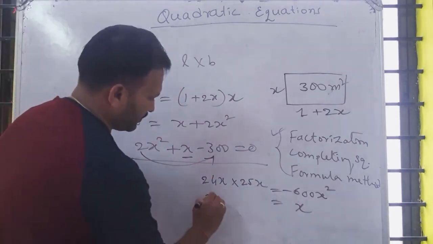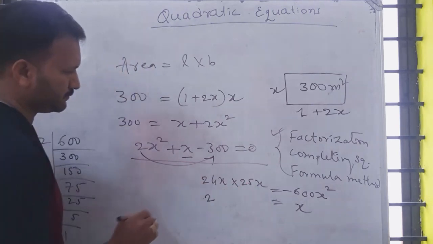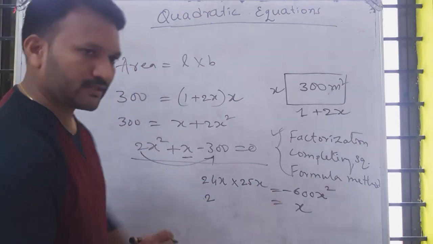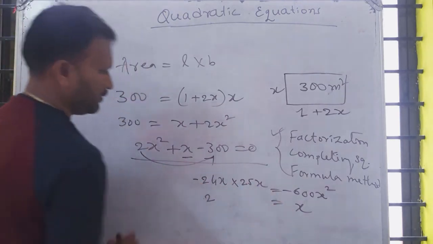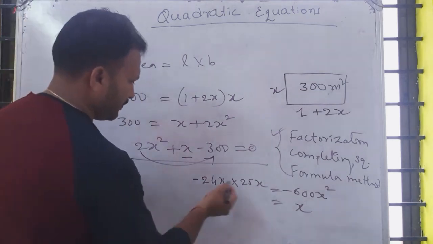But after subtraction, we should get x. So for that we need minus 24.